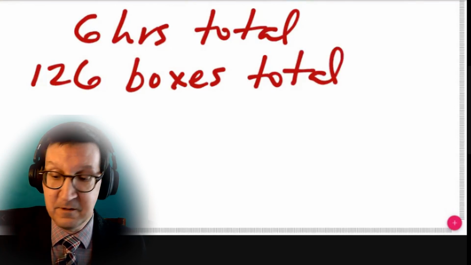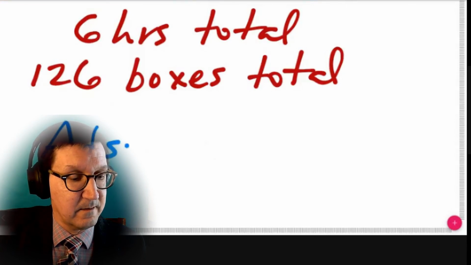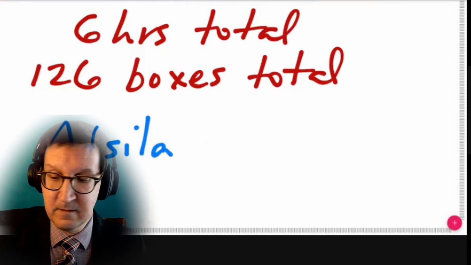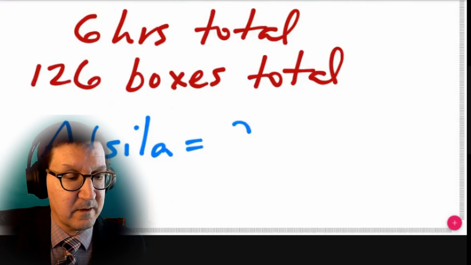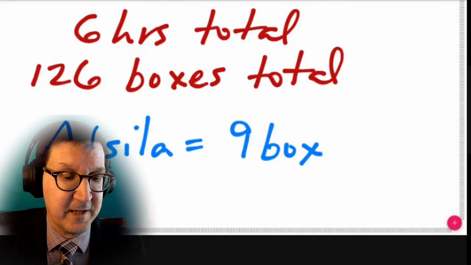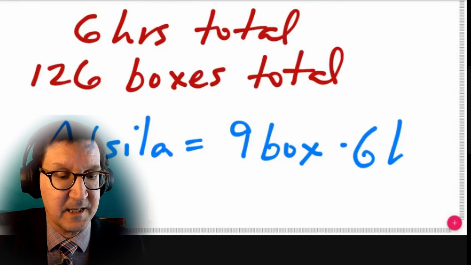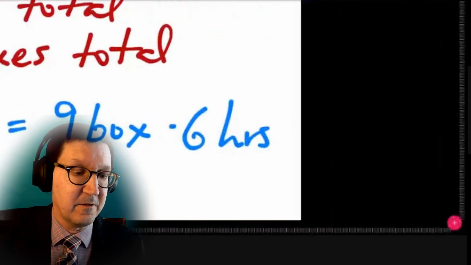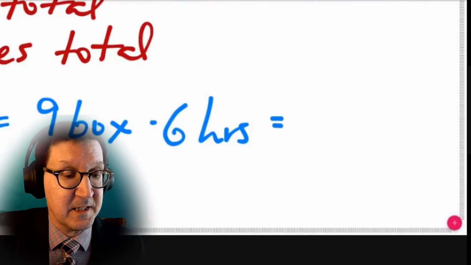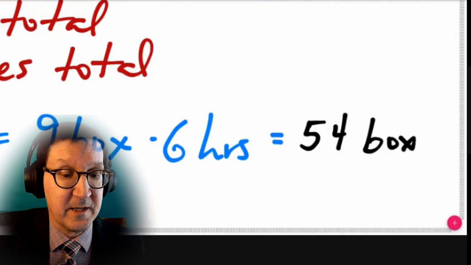And we know that Asila did 9 boxes per hour, so it's 9 boxes times 6 hours. If she filled 9 boxes an hour for 6 hours, how many boxes did she fill? She filled 54 boxes in 6 hours.